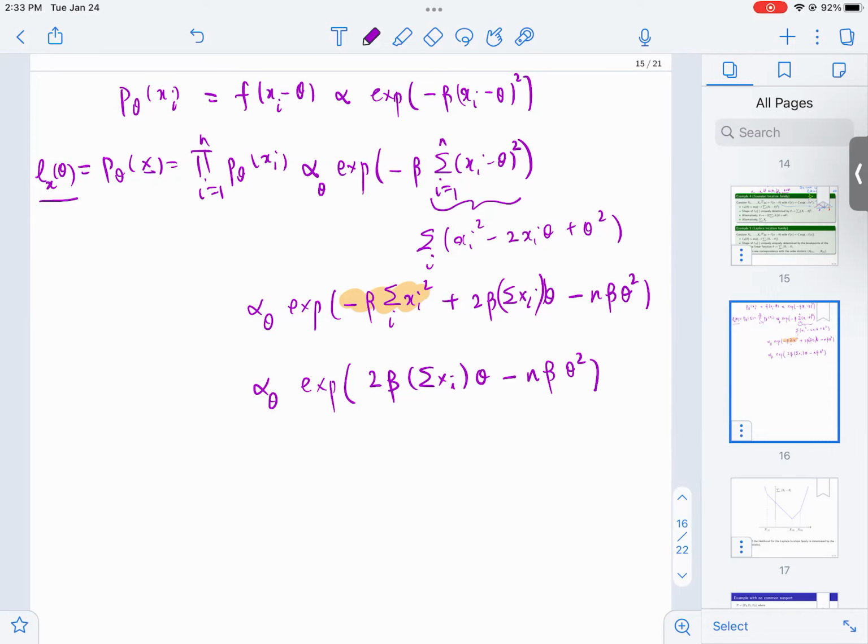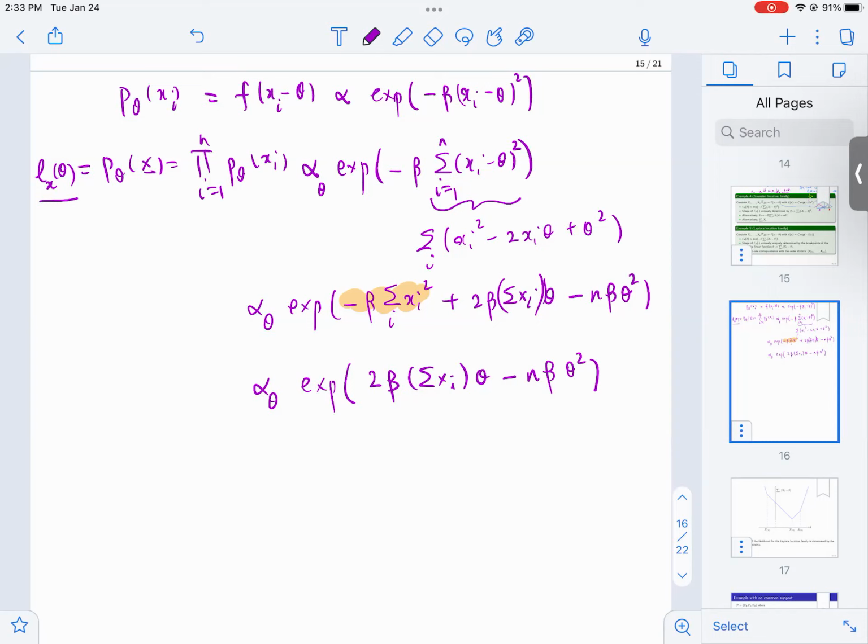It's not a function of theta, but I can discard multiplicative factors, right? Because of the exponential, this would be exponential of this times exponential of this. So there's e to this guy right here, and that's a constant. It's a factor which is constant, so I can drop it.